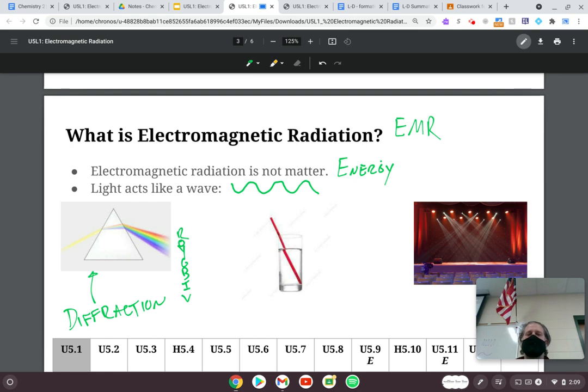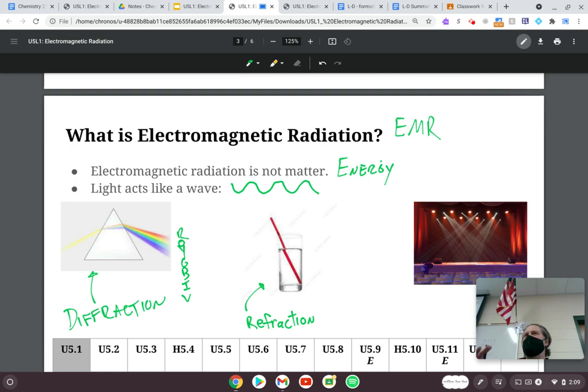Okay, now the next thing that light can do is it can exhibit refraction. And refraction is when light goes from one state of matter to another state of matter, it changes speeds.